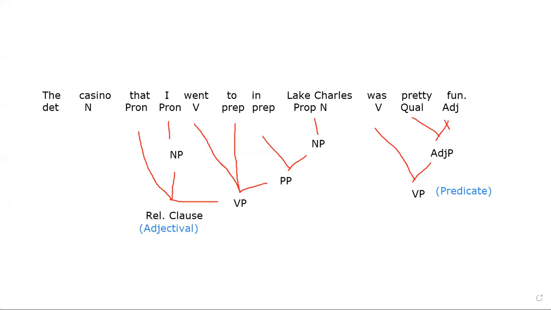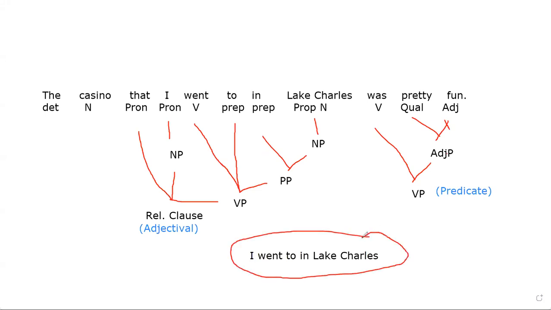So if we put it all together, right, I can't connect the noun phrase I with the verb phrase went to in Lake Charles and just connect those together as one piece, because I went to in Lake Charles, if we just kind of took that out and looked at it by itself, so we kind of just removed it from the sentence, I hope you can see, you can feel in your gut, that is not a complete chunk in and of itself, right? It's missing the object.